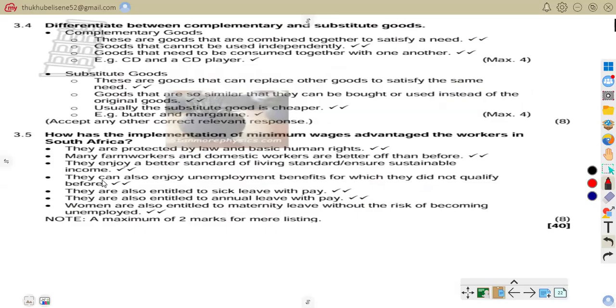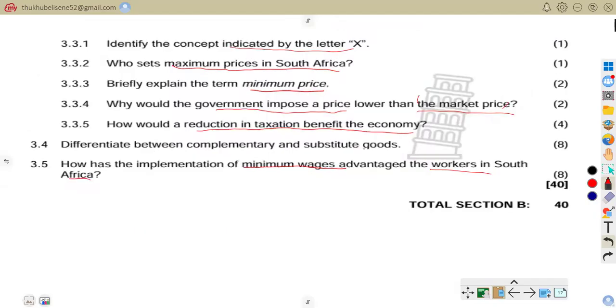There is a question that I skipped by mistake, 3.4, sorry. 3.4 is about differentiating between complementary and substitute goods. When you talk of complementary goods, those are the goods that are used together. For example, a car and petrol, a phone and a charger.